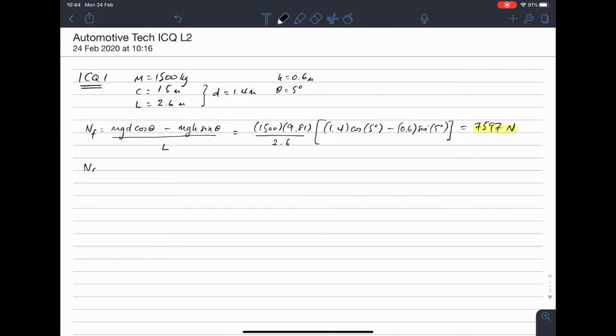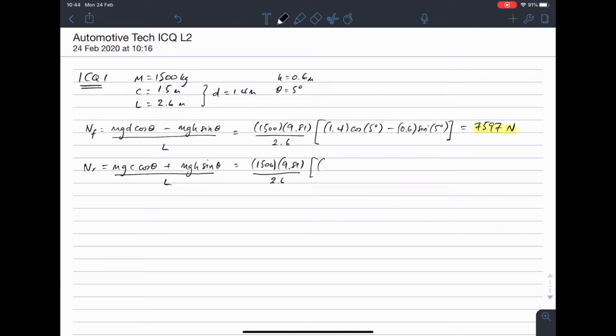For the rear, there's a couple of methods. One is to simply employ this equation. So you can go through the process again. 1500 times 9.81 divided by 2.6.